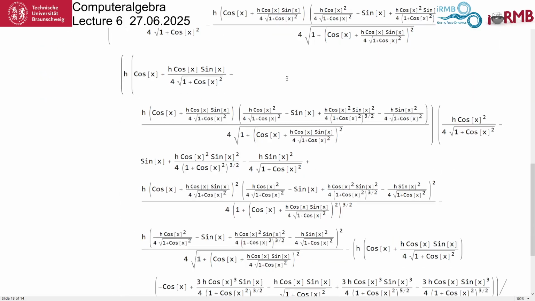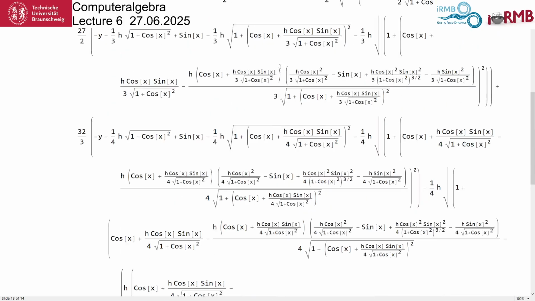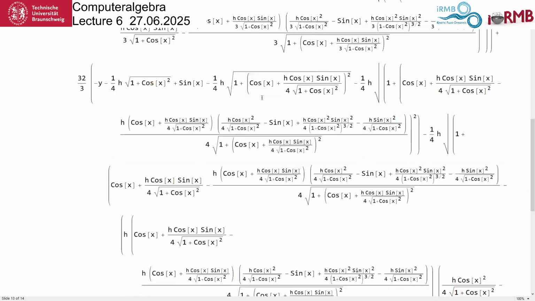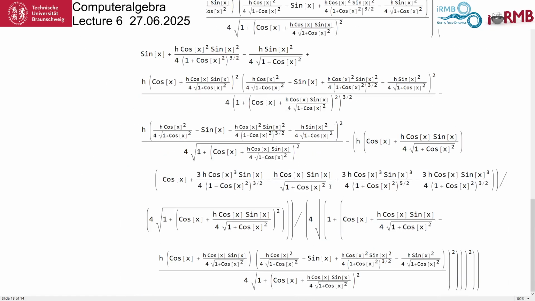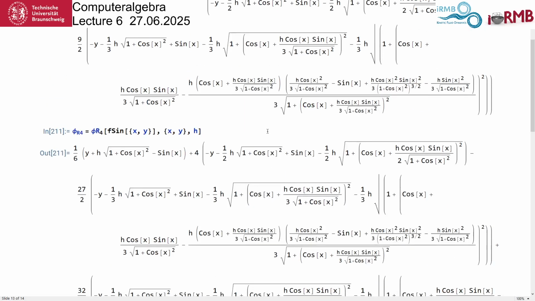So, for example, this used to be the very simple sine function. If we want to get high order, did I actually call simplify? I don't know whether simplify does anything to this. How long does it actually take to evaluate this?